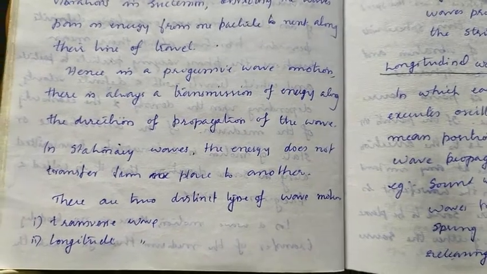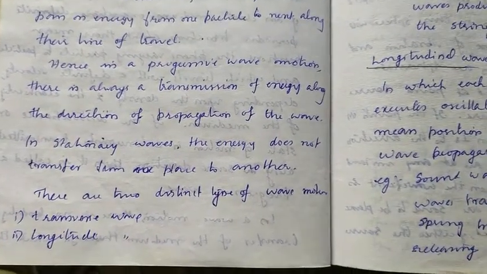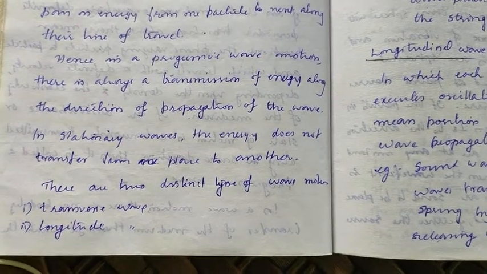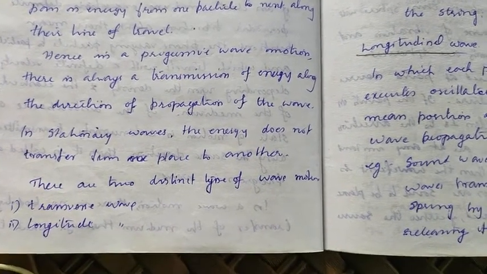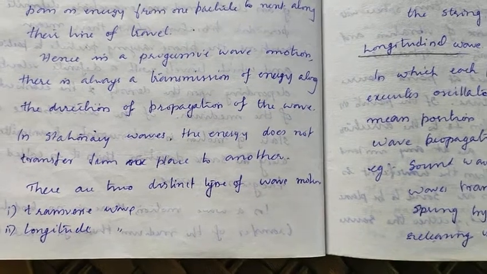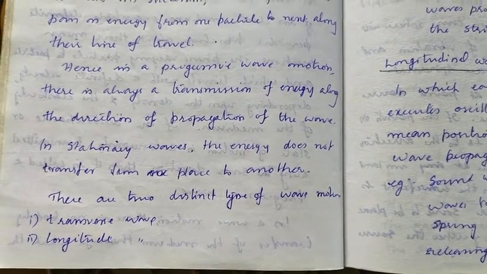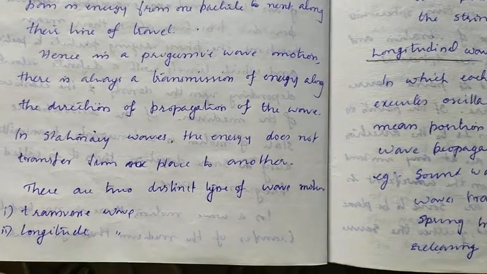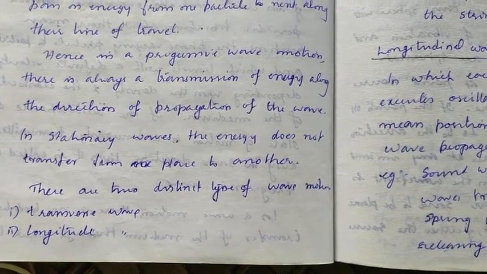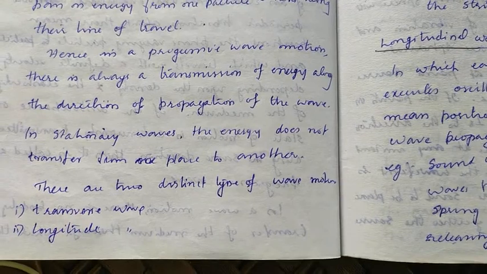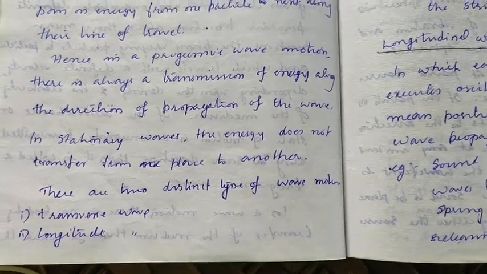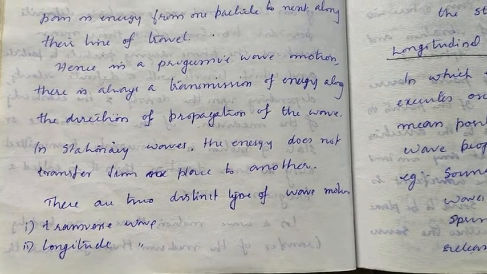If you make a disturbance in that rope, a wave motion will start in that rope, and it is a stationary motion. The wave motion starting from one end will end at the other point, and the disturbance may travel back. So it's a stationary mode of wave motion, and there is no energy transfer from one place to another in stationary wave motions.